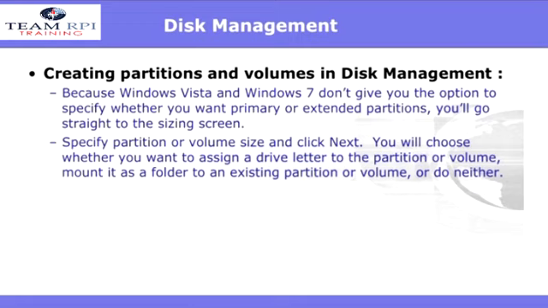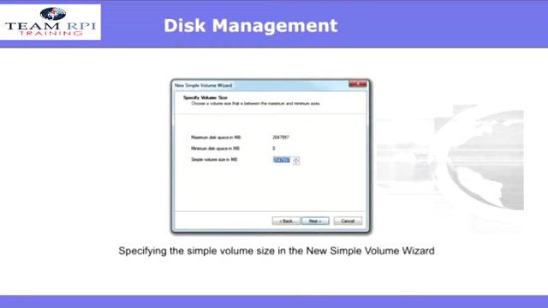Now, because Windows Vista and Windows 7 don't give you the option to specify whether you want primary or extended partitions, you'll go straight to the sizing screen. From there, you'll specify partition or volume size and click Next. Here's a look at what it looks like. Keep in mind, all of these are megabyte size, not gigabyte size.